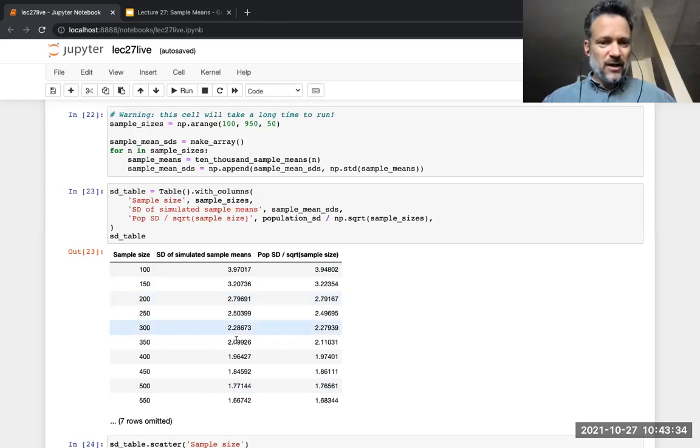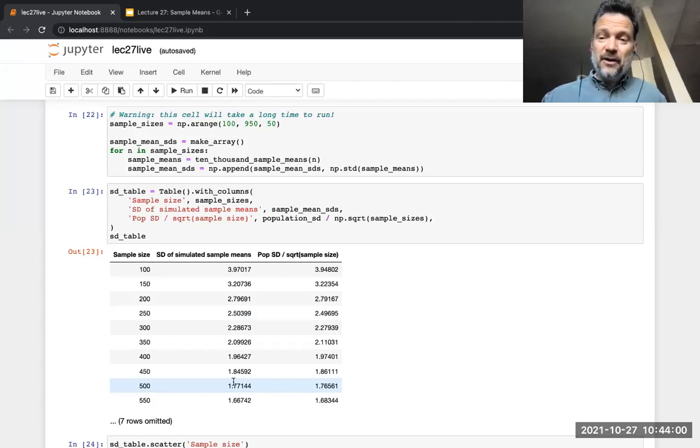And for each, I've computed what the width of the bell curve was when I used that sample size. So for sample size 100, we previously saw it was about 3.97. Here's for 150, it's 3.2. So this column shows me the SD that I got by doing this simulation with 10,000 simulated sample means.